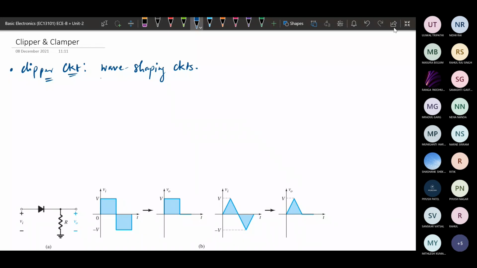So these are called wave shaping circuits. We are going to shape the waveform or give it another form, and we will see how that is obtained. The clipper circuit is one of the wave shaping circuits.